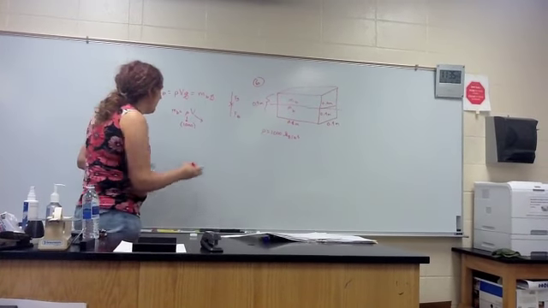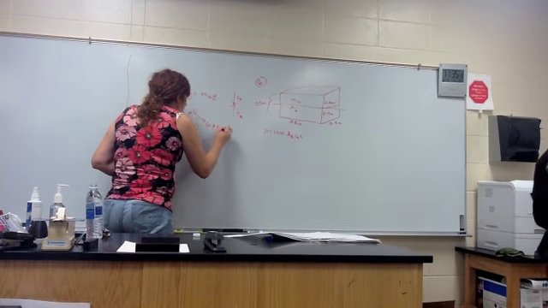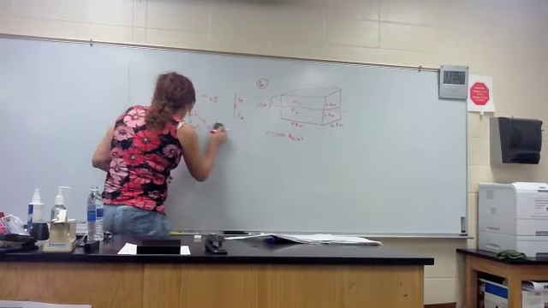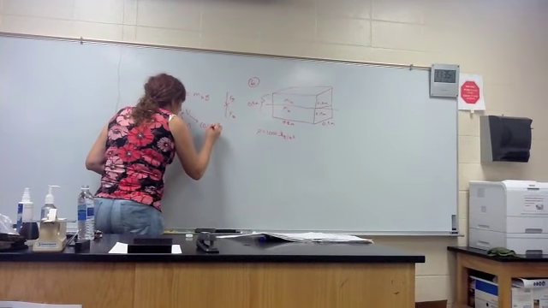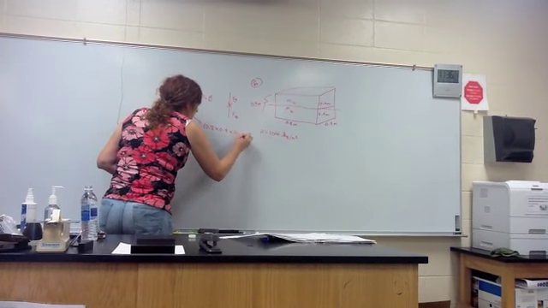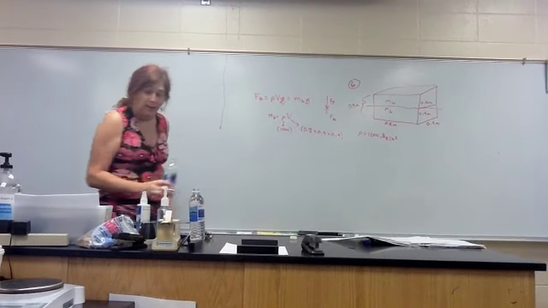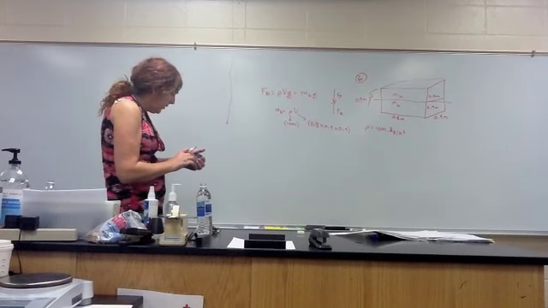So its volume would be 0.8 times 0.4 times 0.4. That's the volume of water that gets pushed out of the way for the box to come to rest there.